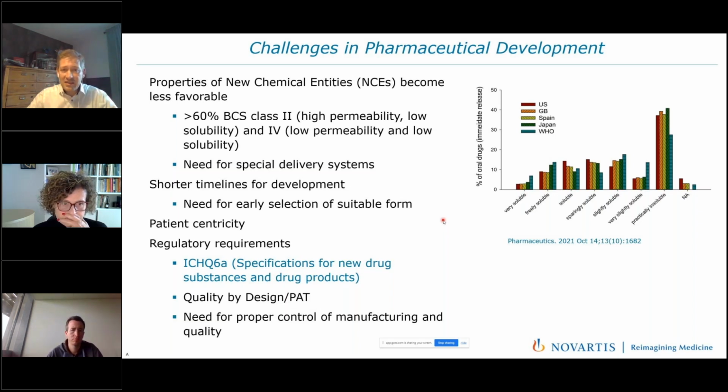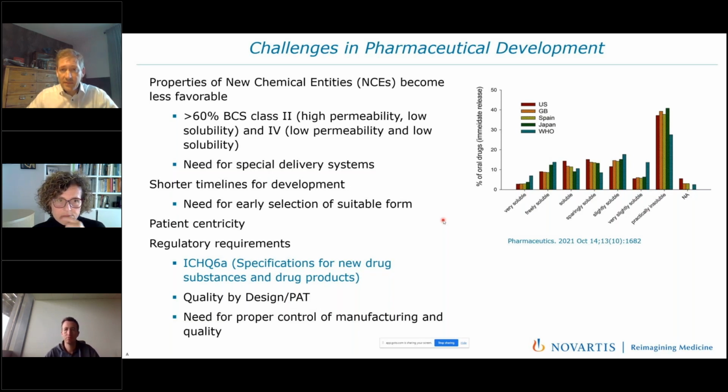This is translating into changes in physical properties compared to what we were used to developing in the past. Most of the drugs are getting poorly soluble, and quite often they also have low permeability, meaning that even if you bring them into solution, they encounter some challenges in moving from the gastrointestinal tract into the systemic system.